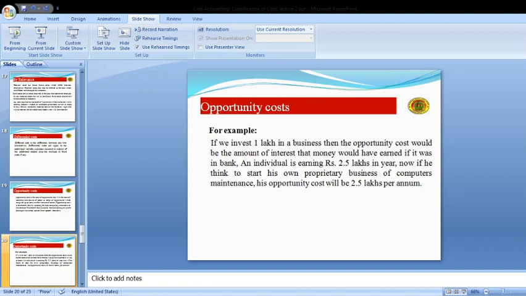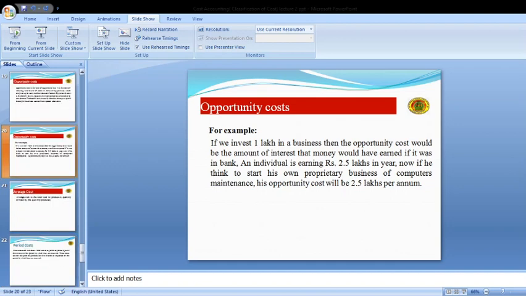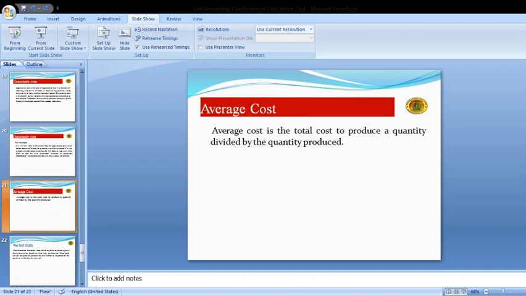Are you getting it? Now here is an example: suppose you want to start a business, and you do it from your own premises, from your own house. Maybe we are not paying any rent. So rent cost is saved, and that becomes an opportunity cost for you. Got it?